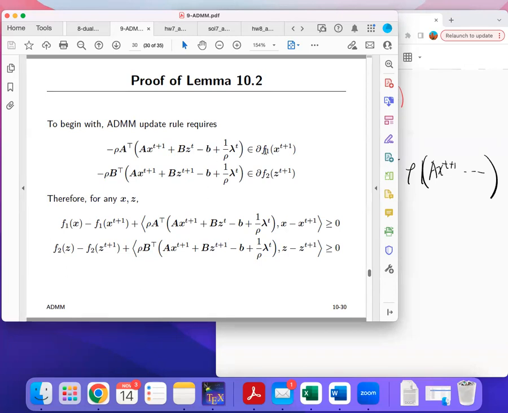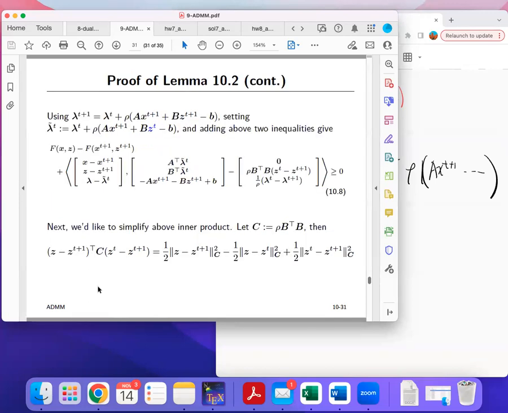Based on the automatic condition, we can calculate the self-differential, and based on that, we can utilize the convexity of the objective function to build that function value gap. And when we add these two inequalities together, it looks very complicated, but there is a way to define some notations to simplify all these complex terms. And yeah, these are just labor work.